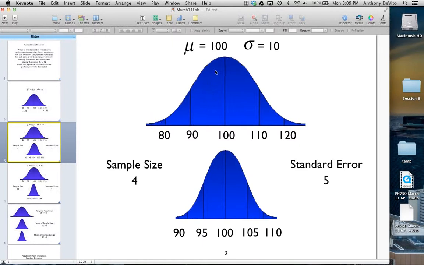More of our samples are going to be clustered closer to the middle for these sample means. So our sample distribution is much narrower.